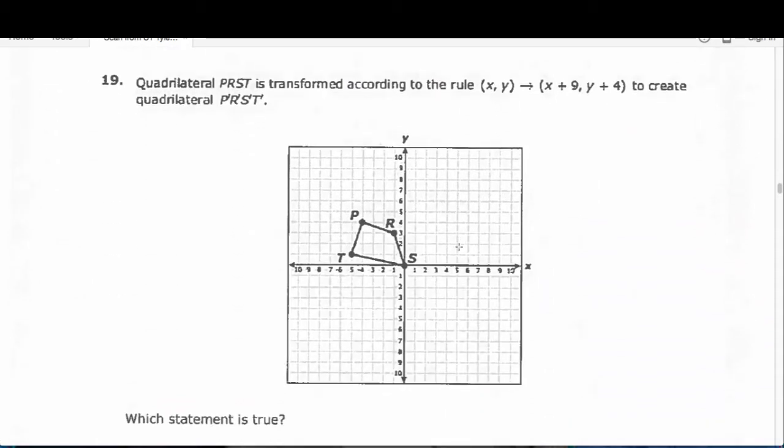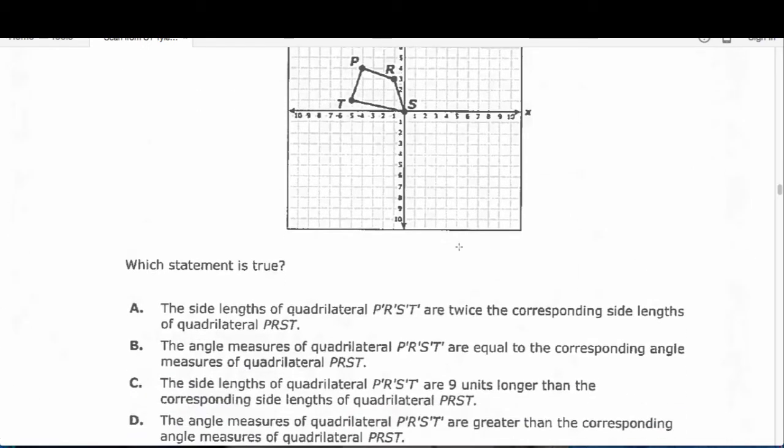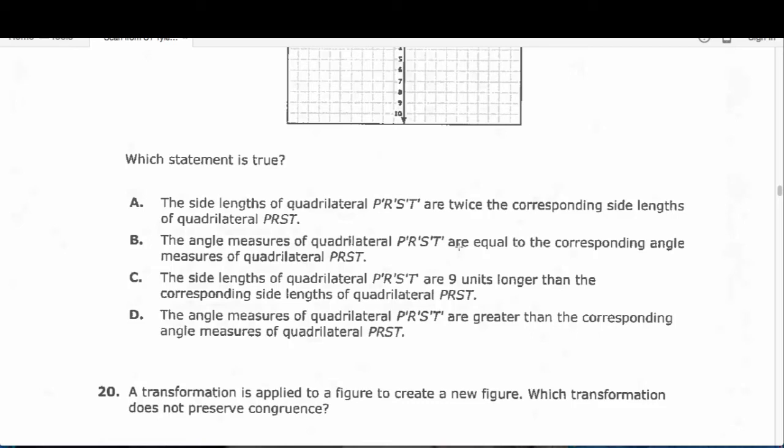Question 19. Quadrilateral PRST is transformed according to the rule (x, y) to (x plus 9, y plus 4) to create quadrilateral P'R'S'T'. Which statement is true? A. The side lengths of quadrilateral P'R'S'T' are twice the corresponding side lengths of quadrilateral PRST.